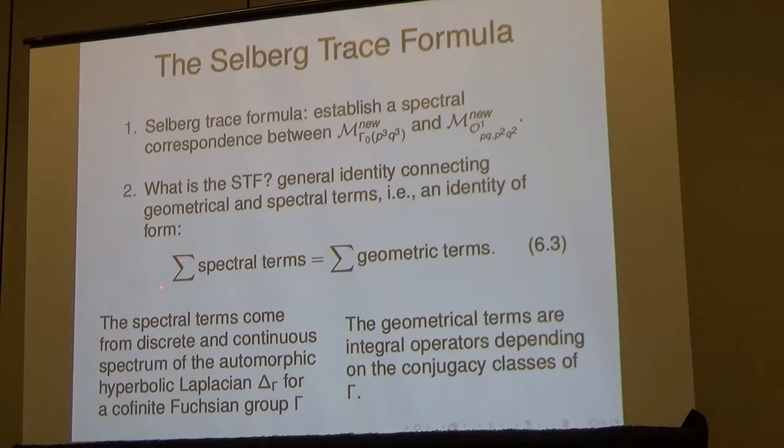It's an identity of the following form: the sum of spectral terms equals the sum of geometric terms. The spectral terms come from the discrete and continuous spectra of the automorphic hyperbolic Laplacian for the cofinite group. And the geometric terms are integral operators which depend on the conjugacy classes of the group.